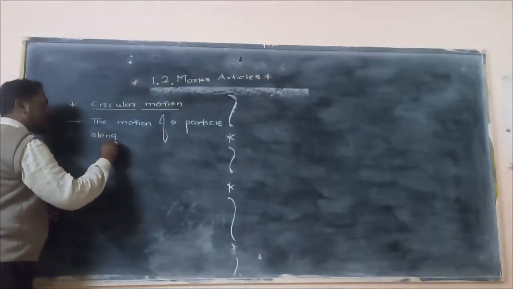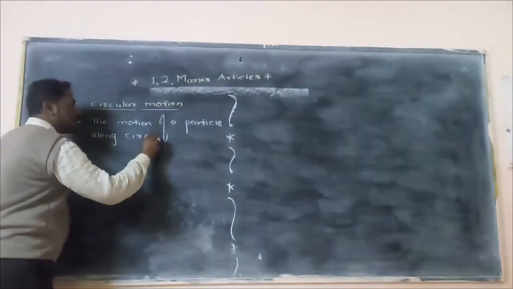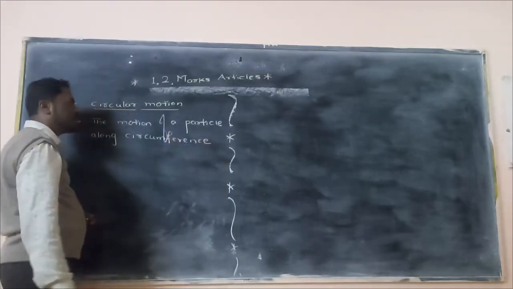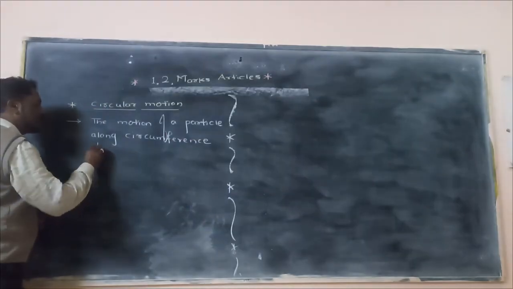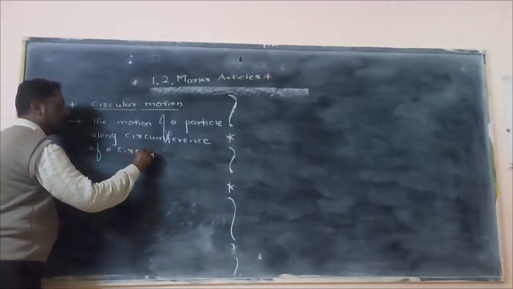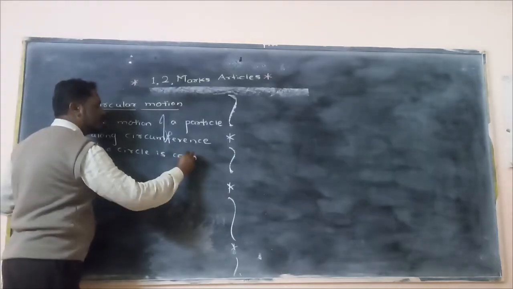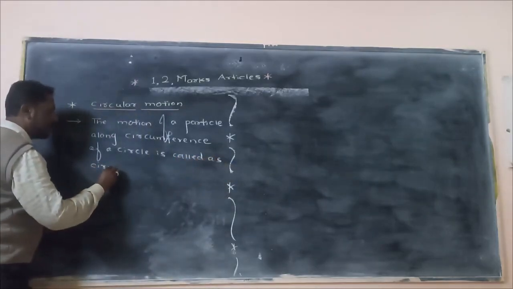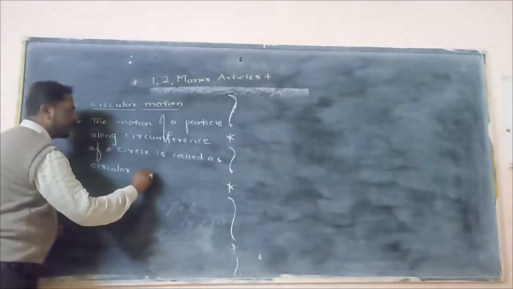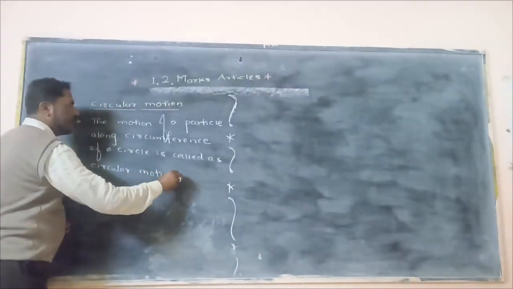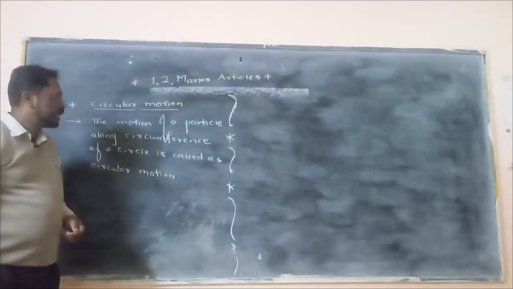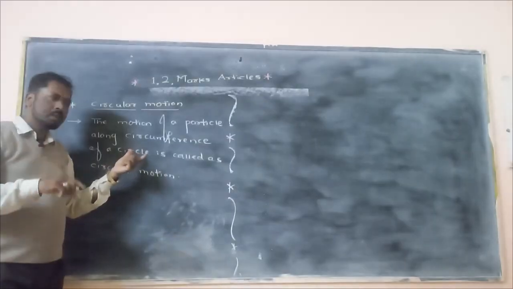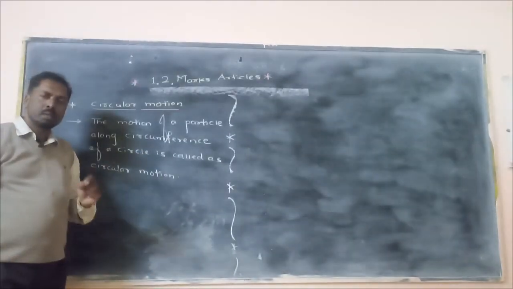along the circumference. The motion of a particle along the circumference of a circle is called circular motion.